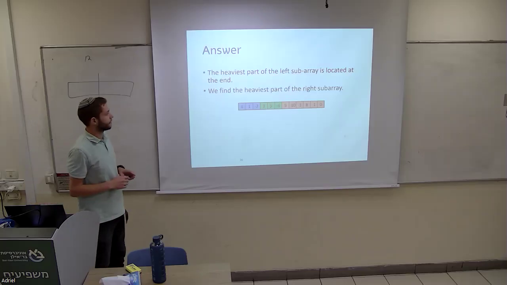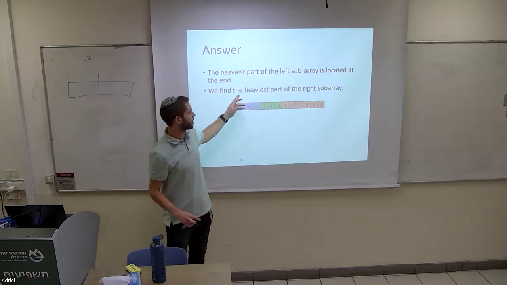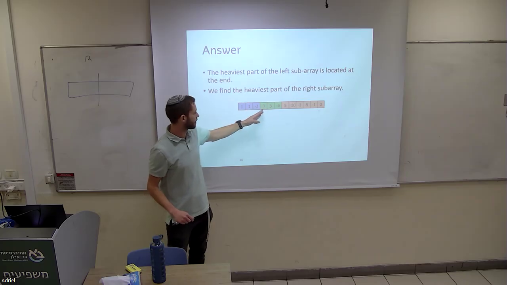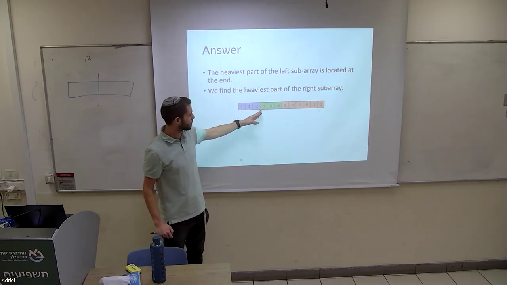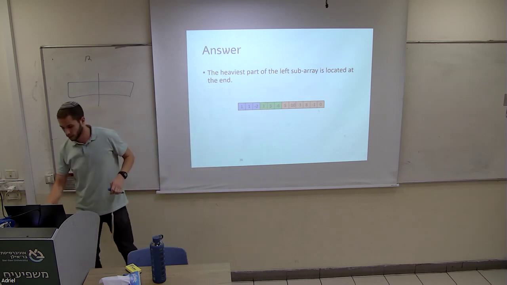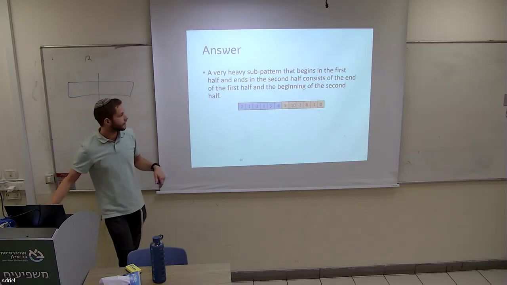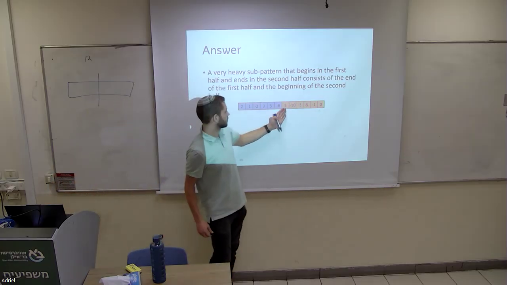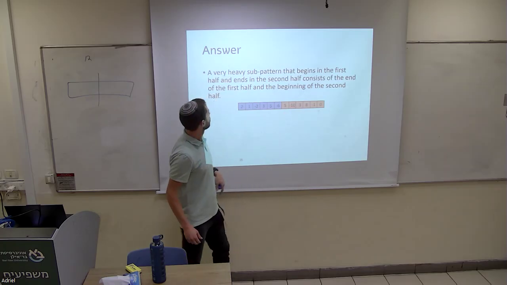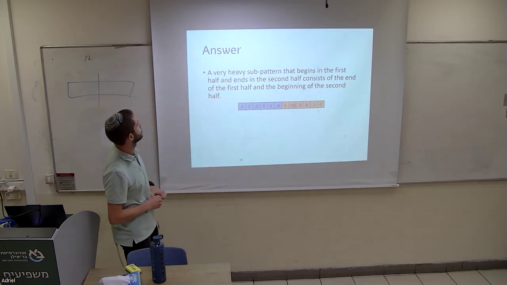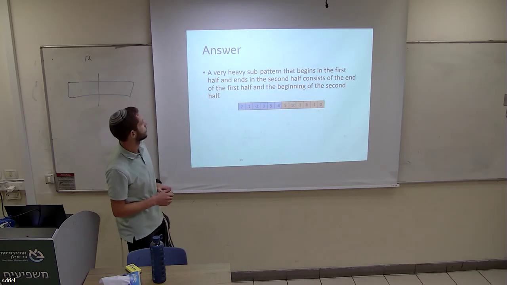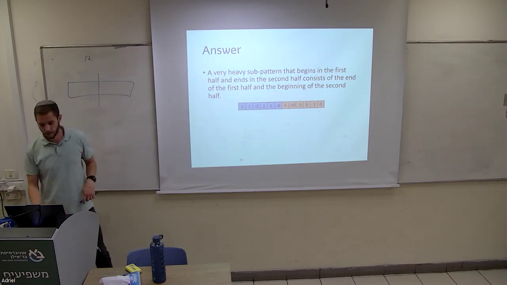Okay, here. Find the heaviest part of the right subarray. So the heaviest part in here, right? Oh wait, sorry. I think what was before is you just sum over everything. Here we just sum over it. Okay, so never mind.